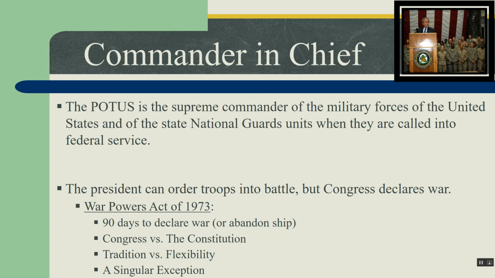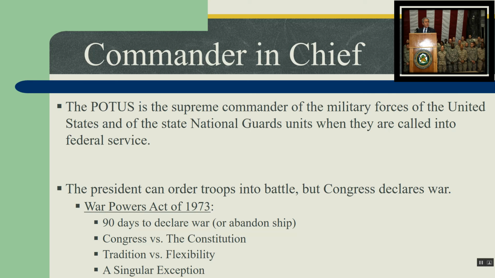Now, this can create some confusion because the supreme commander, the president, is allowed to do things like dispatch our troops and keep them in place for however long he likes. But in 1973, the United States Congress passed a new law called the War Powers Act of 1973.